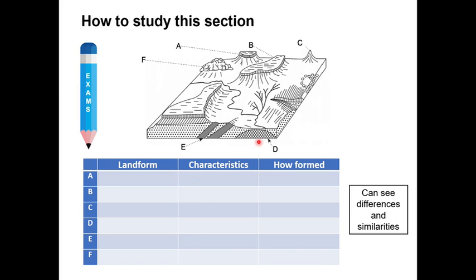The easiest way to study this is as follows. This is a very strong possibility as a question in the exams. Let's have a look at the questions they can ask you. They can ask you, for instance, to identify the landforms A, B, and C.